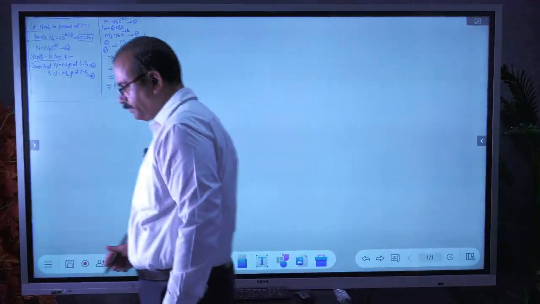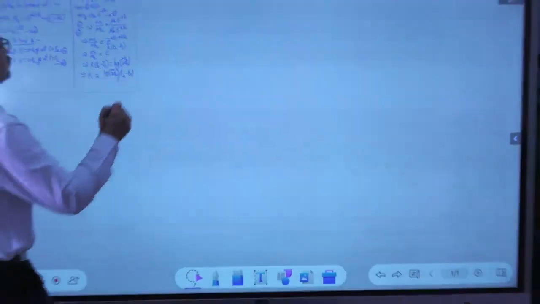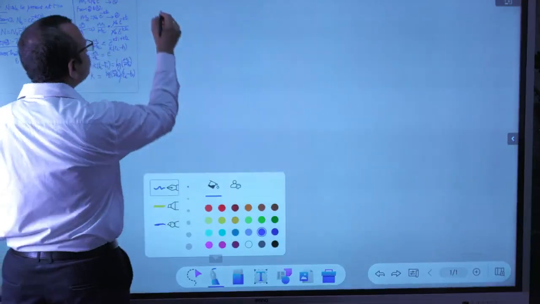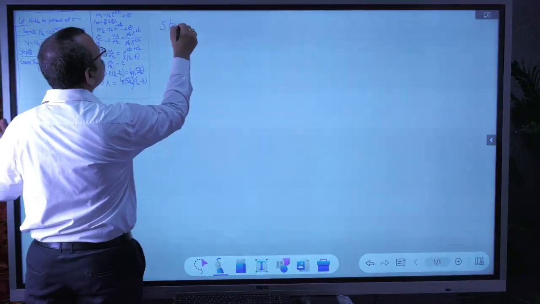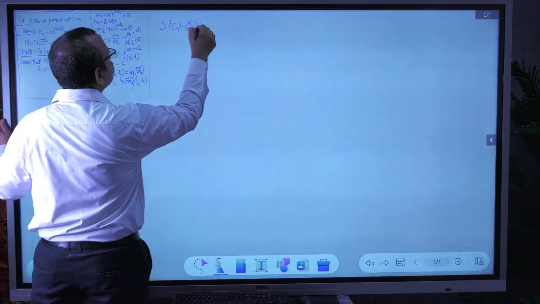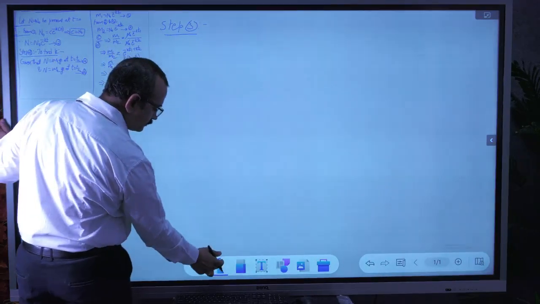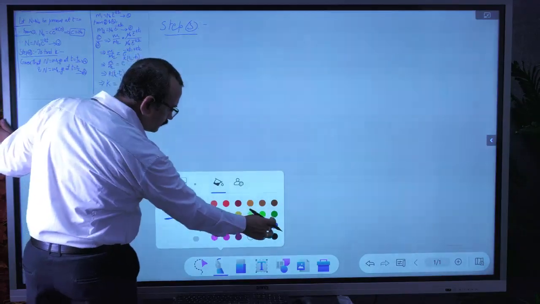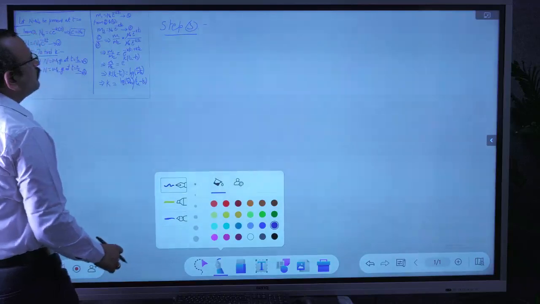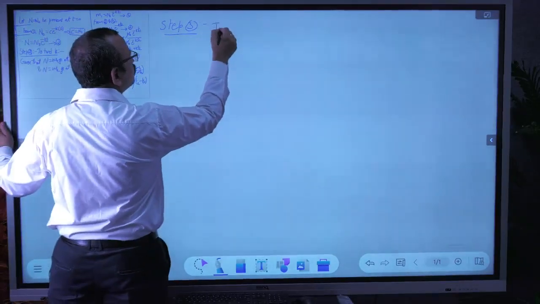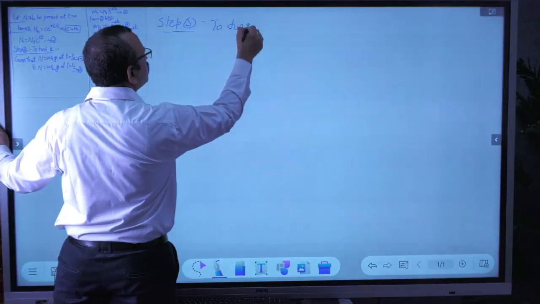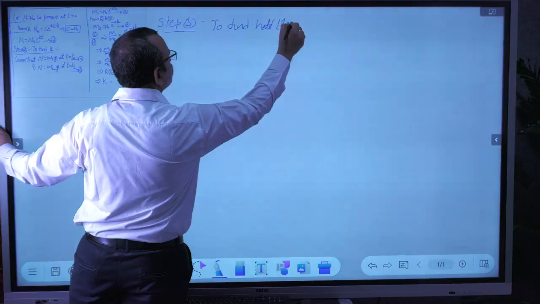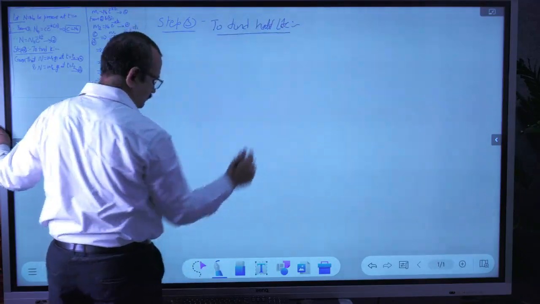Okay, now we will discuss step 3. In step 3, actually here it was asked to find the half-life.